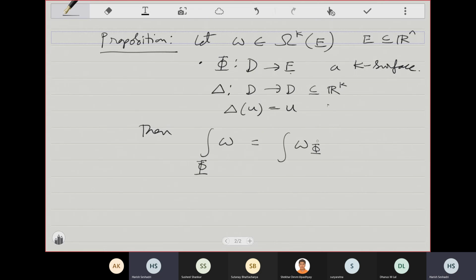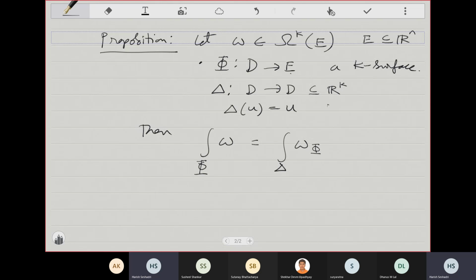But since integrals of differential forms are defined only for K surfaces, which are maps, not sets, I just put a delta here. After all, delta is just the identity. So this is the statement. Okay.